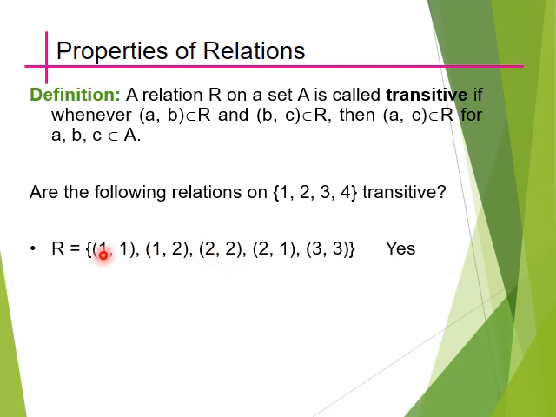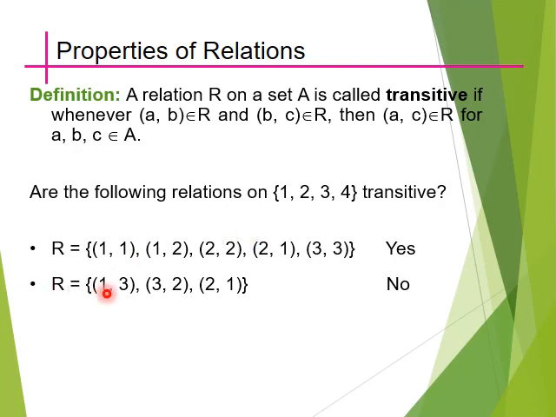Then we can pick (1,1) with this (1,2) to make (1,2), that is also present. (2,2) with the element (2,1), that makes the element (2,1), which is also present here. So we can say that this relation is a transitive relation.